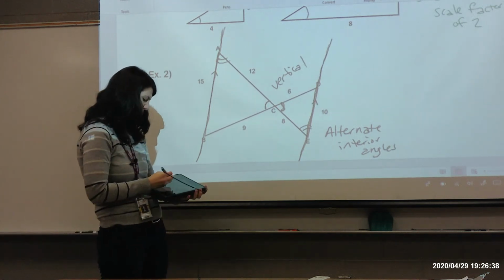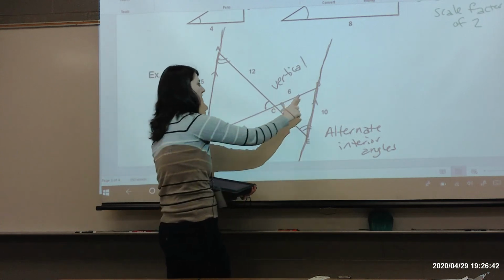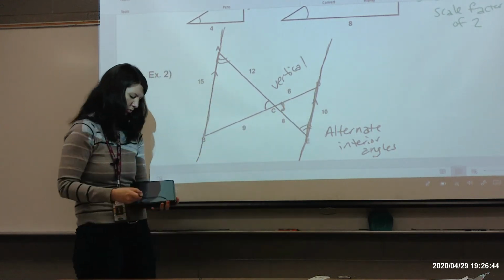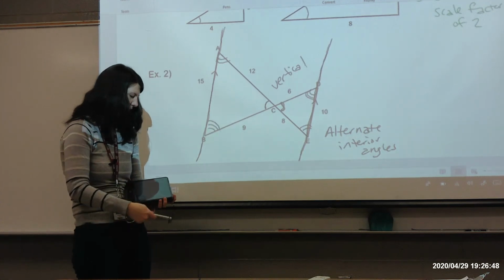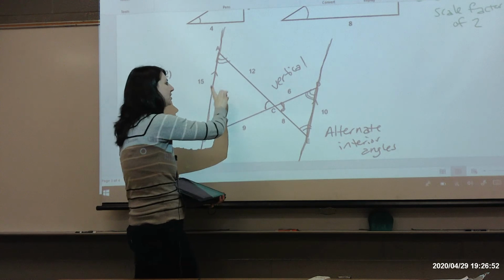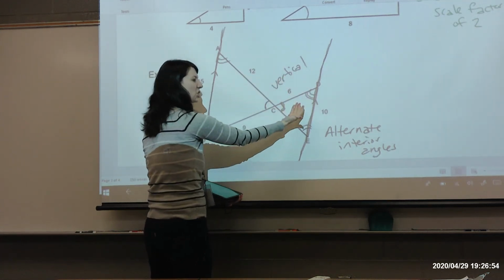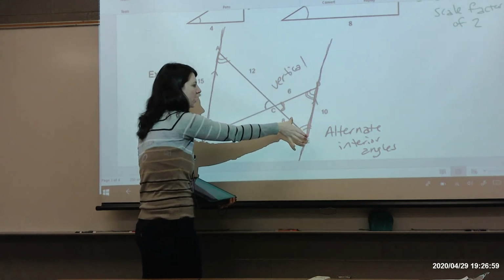So it looks like we have some sets of congruent angles, okay? And we actually have a second set of alternate interior angles here that I could mark as well. So that means that I need A to match up with E and B to match up with D. So a reflection would not work here. It would have to be a rotation.